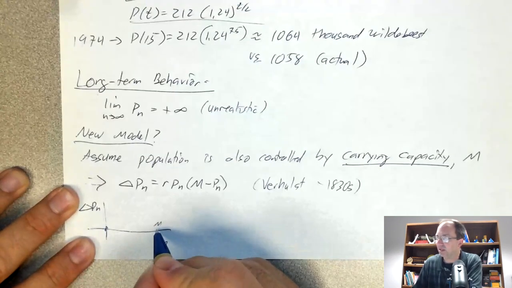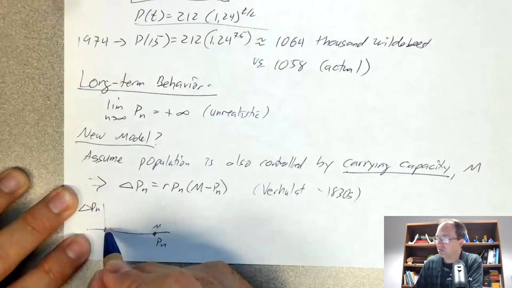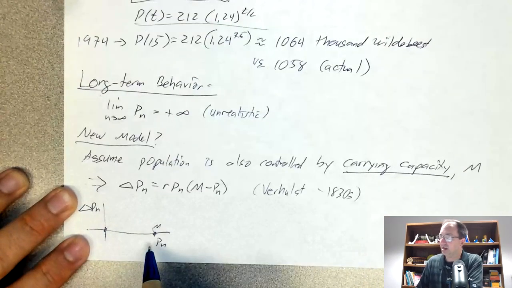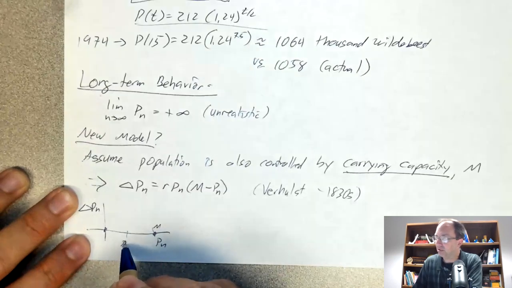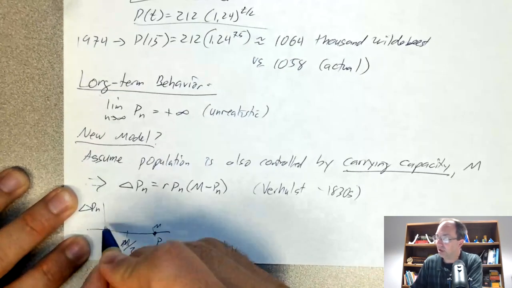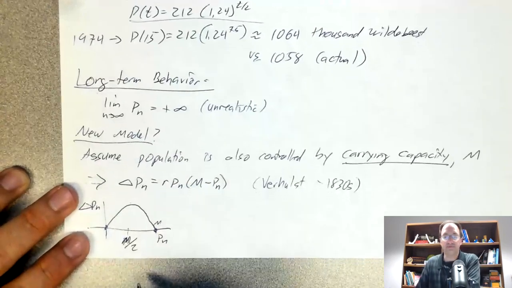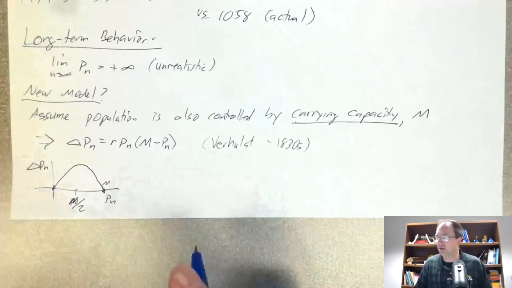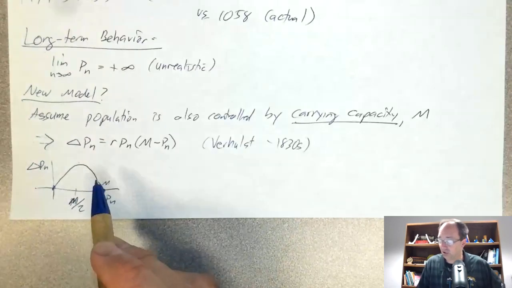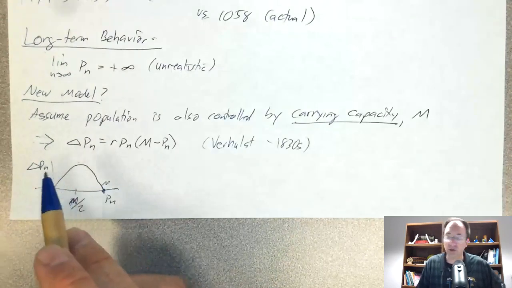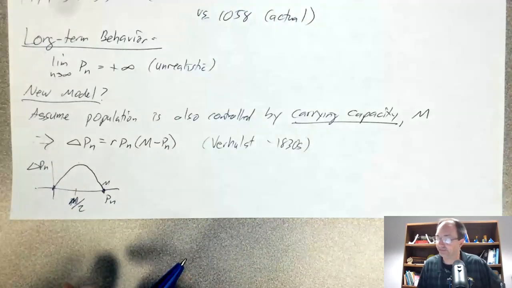And if P sub n is close to the carrying capacity, I'm going to have no growth. And if I'm close to that, I'm going to have limited growth. But here in the middle, here at M over 2, I'll have the most growth. So this is the idea, is that I'll have a lot of growth when I'm far from the carrying capacity and also far from very few of the animal in question.